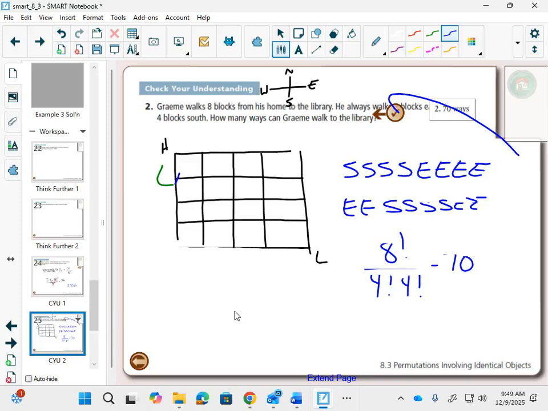In fact, even if the library was 2 blocks away, there's still only one way to get there, because there's only one path. Does that make sense? As long as Graham isn't stupid and does loops and mixes up things, there's only one path.